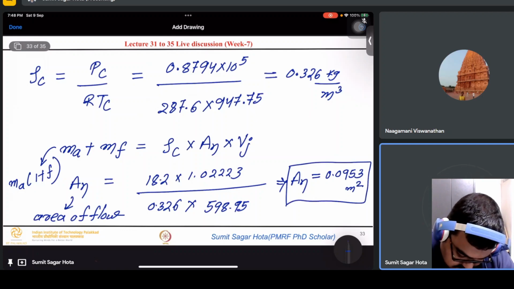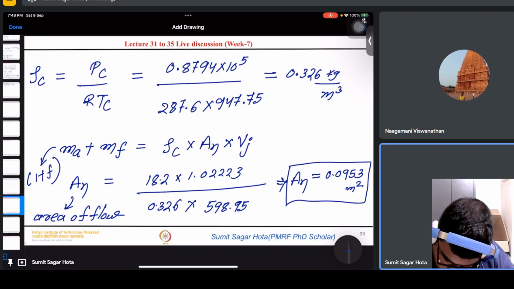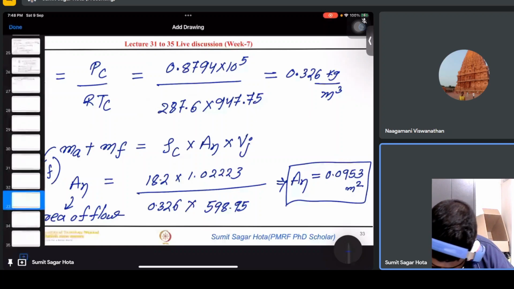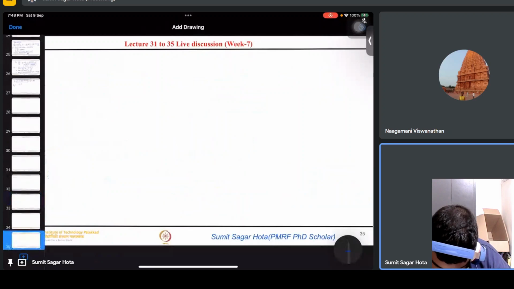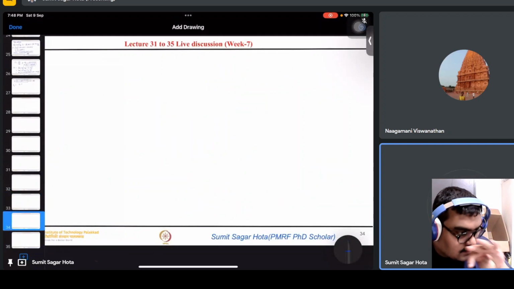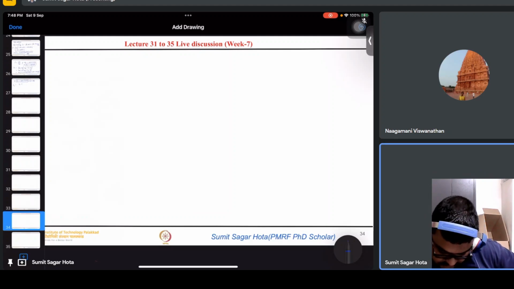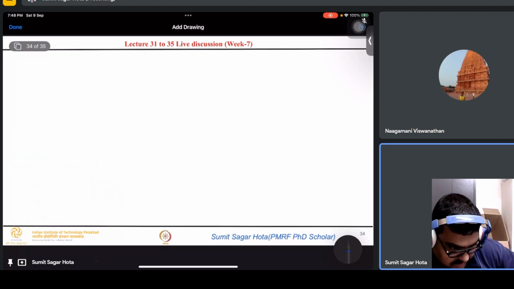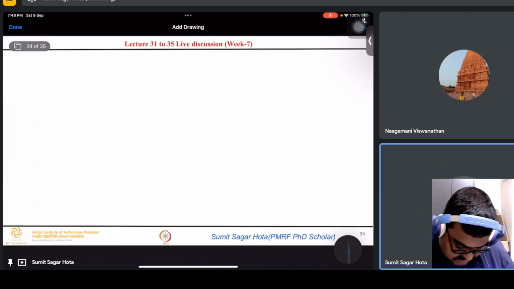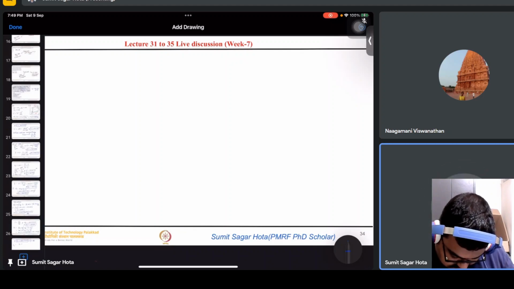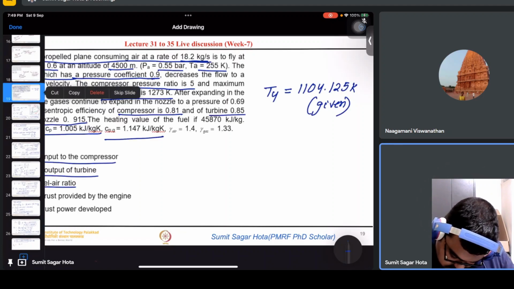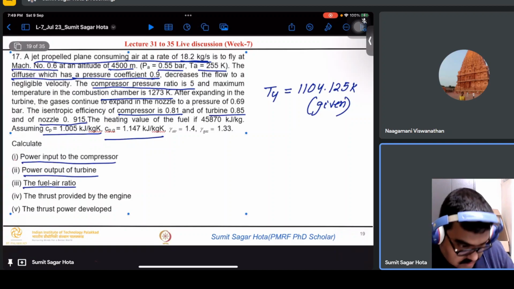Now what do you do? Now you need to find out the thrust. The last bit is the thrust. In the question, where is the question? Yes: the thrust and the thrust power.